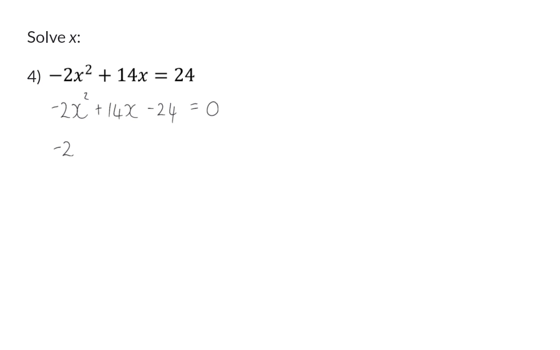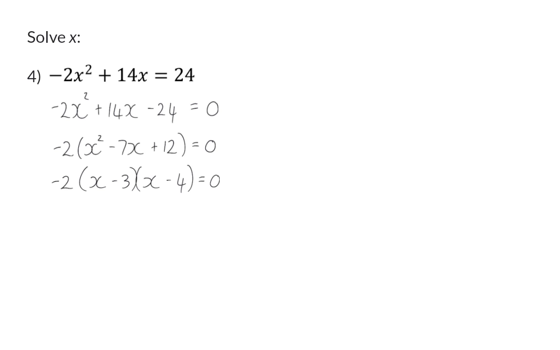When I take out minus 2, I'm left with x to the power of 2 minus 7x plus 12. And I chose to remove the minus 2 because now the trinomial in my bracket is one that I can easily factorize. The trinomial can now factorize into the brackets x minus 3 times x minus 4.